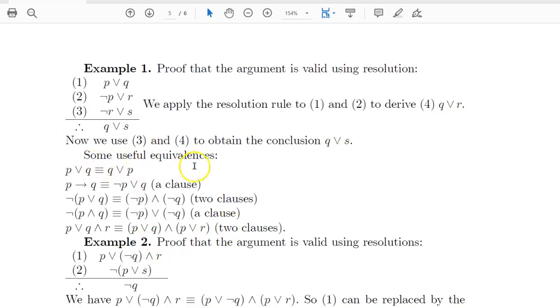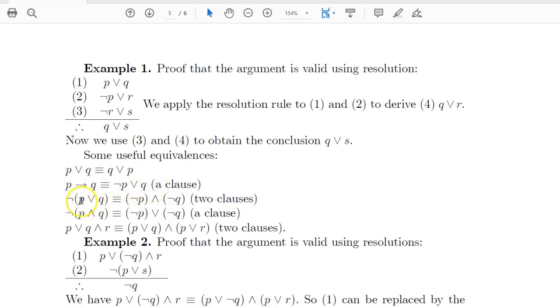In some cases, the given premises are not clauses. In that case, we try to replace them with clauses. P or Q is equivalent to Q or P. If P, then Q is equivalent to not P or Q. So if we get this premise, we can replace it with a clause.